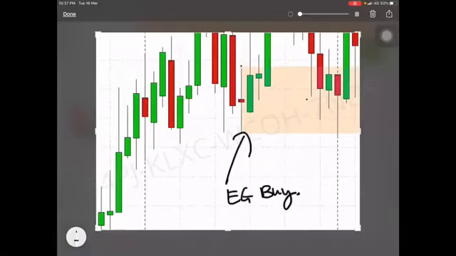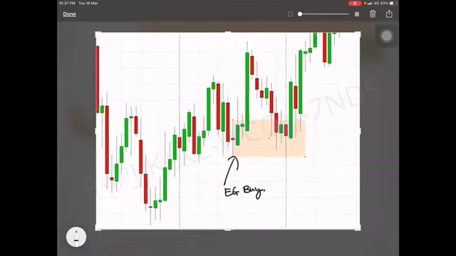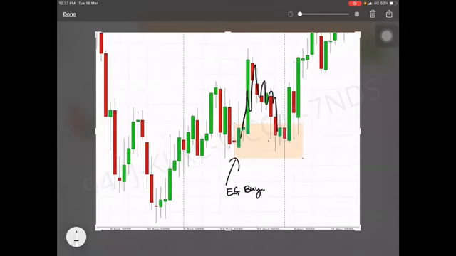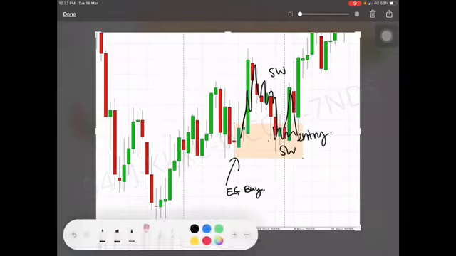Do you see it? Okay, and then there's a sideways pullback. Is there sideways in the zone? Okay, and then it breaks out of the zone and it comes back for entry. So complete SOP or not? Yes. So it's a complete SOP.